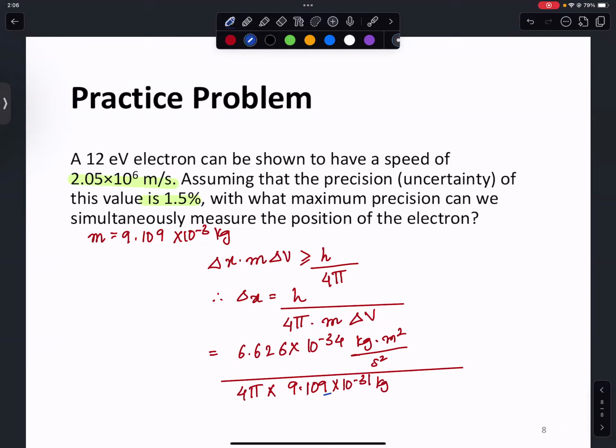So I have here 4 sig figs, okay, and times the change in velocity.